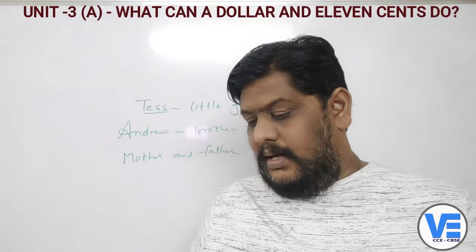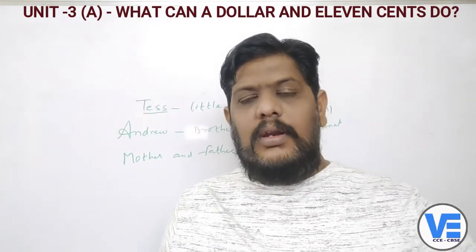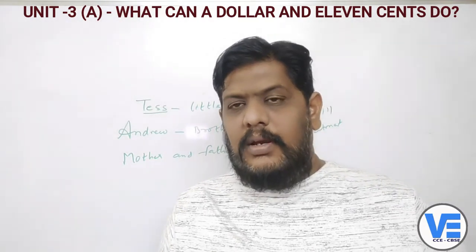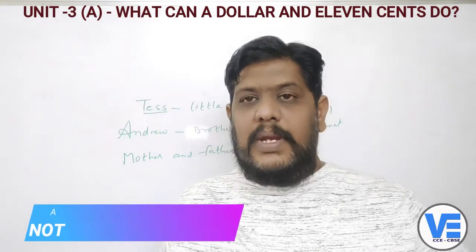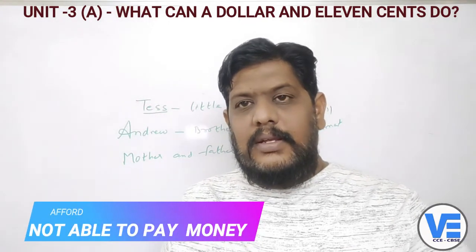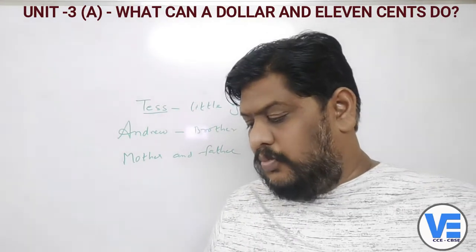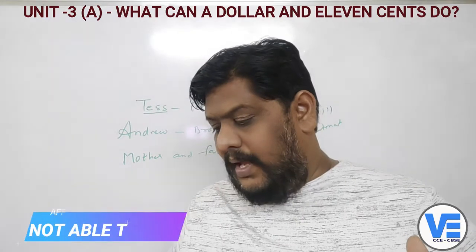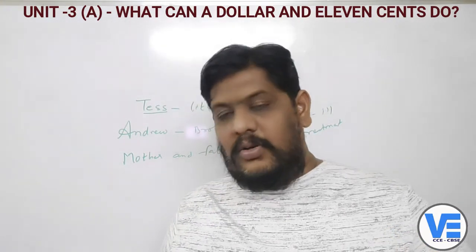And that is the reason why they are moving to a smaller house. Right now they are living in a very good house, but they have to spend money for the treatment of the son Andrew. So that's why they are moving to a new smaller house, because they could not afford to stay in the present house after paying doctor's bills.